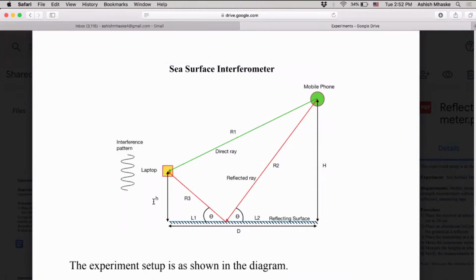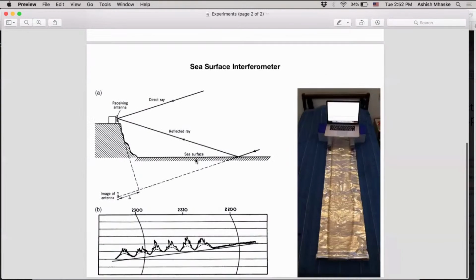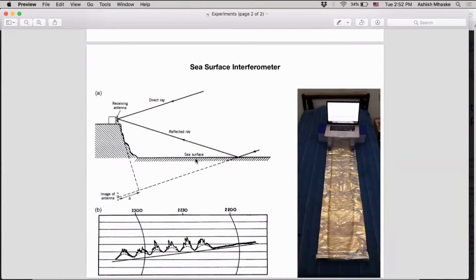Much like the way you saw in the original cliff top interferometer, the easy calculation is made because the direct ray and the one before reflection are parallel to each other, which is the case for a very distant source, and that's not true in our case, as you will see.